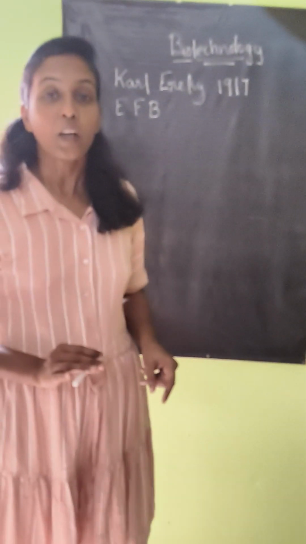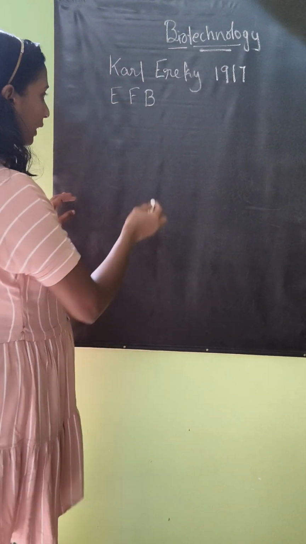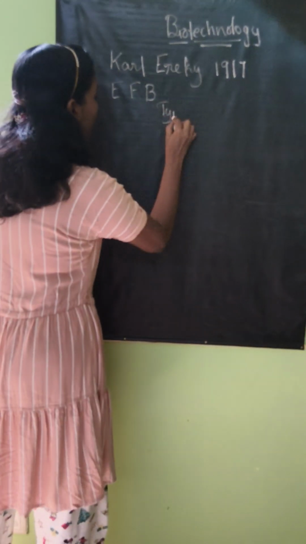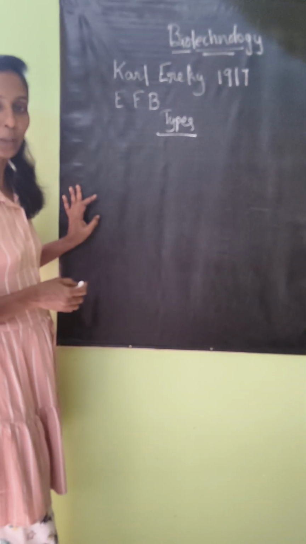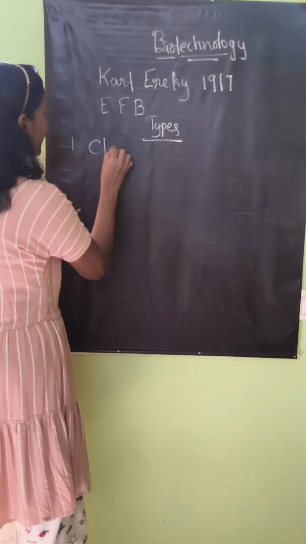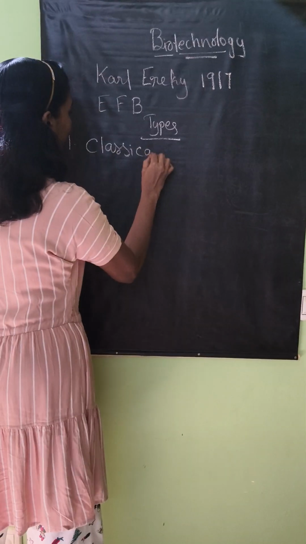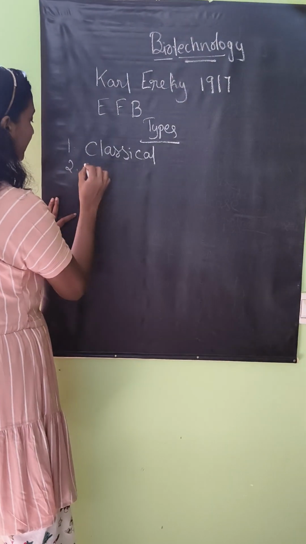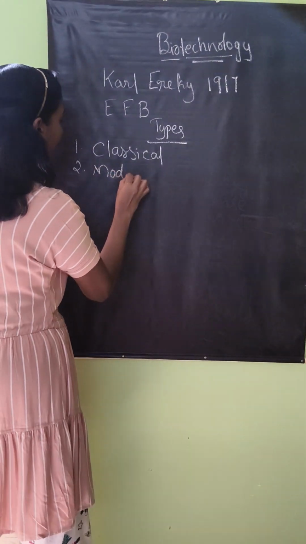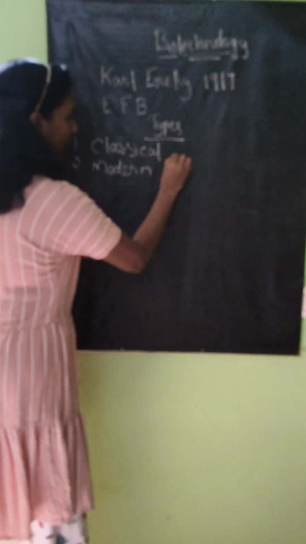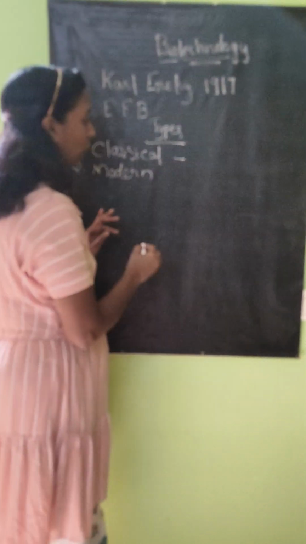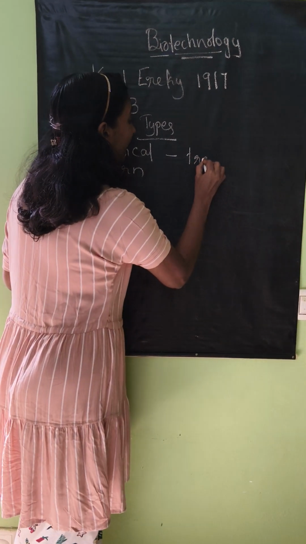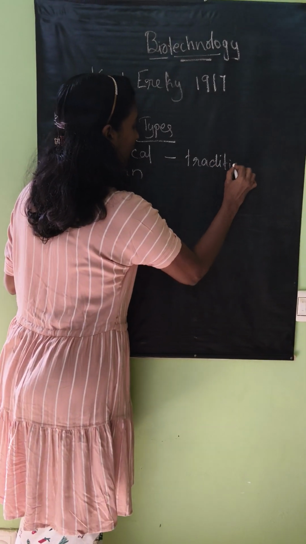Next, we can study the types of biotechnology. There are two different types of biotechnology. One is classical biotechnology, and the second one is modern biotechnology. Let us study one by one. The first one is classical biotechnology, otherwise called traditional biotechnology.